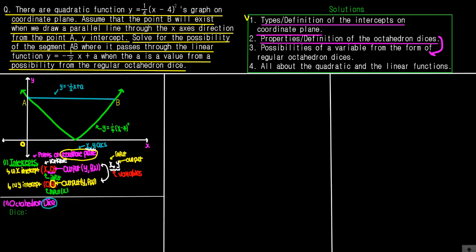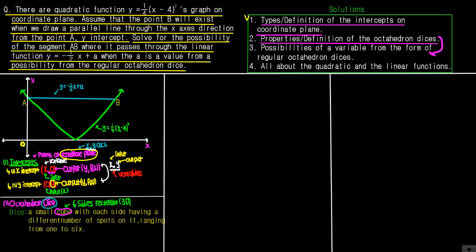The definition of a dice is a small cube. If you think about what a cube is, it is a six-sided rectangle, and it is 3D, which means we can't really think about this on a 3D coordinate plane.